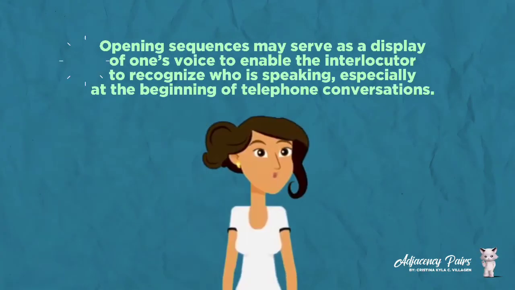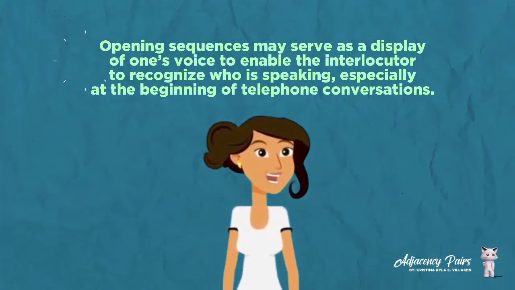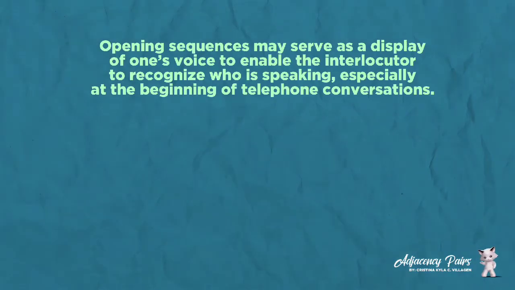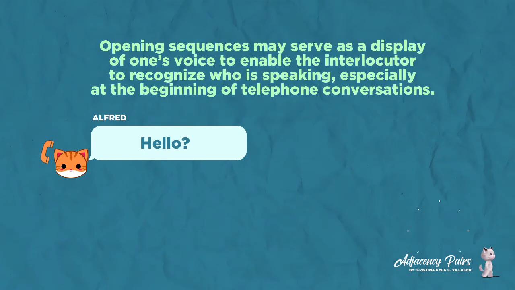Opening sequences may serve as a display of one's voice to enable the interlocutor to recognize who is speaking, especially at the beginning of telephone conversations. In this example, the phone has just rung in Alfred's apartment. His hello is not a greeting but is more like a question, trying to provoke the person on the other line to speak so he will know who he is talking to.